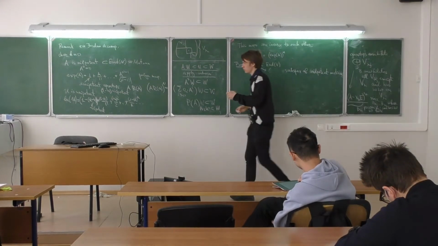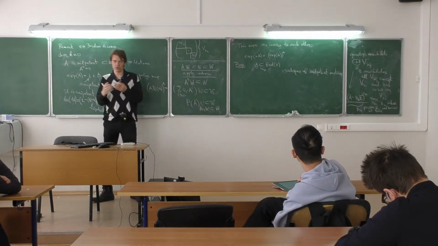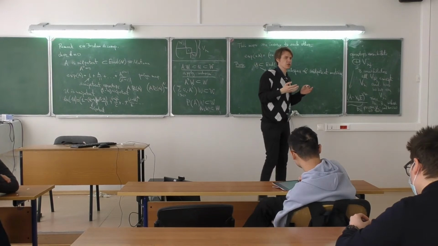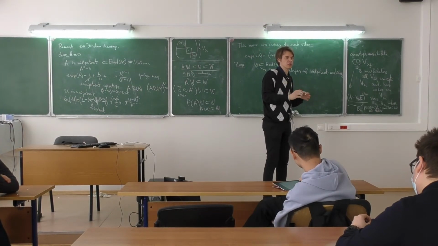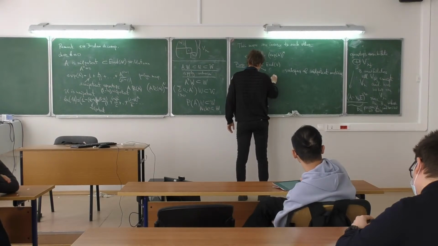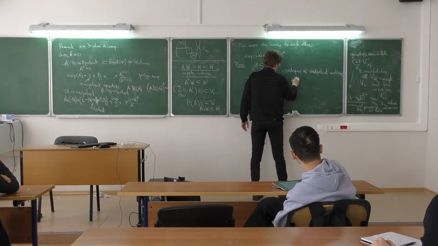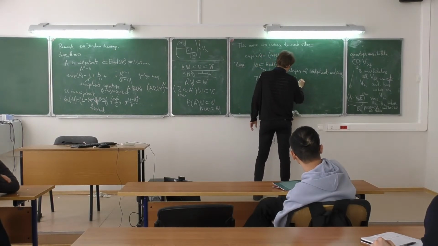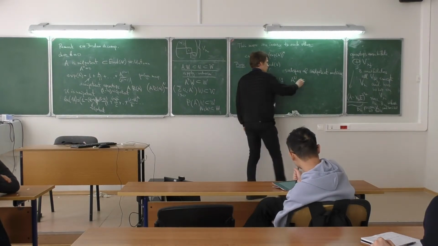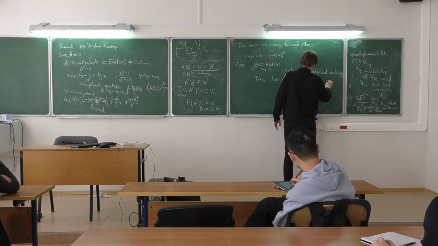Since these matrices act on the same space, you can bound the nilpotence degree. So then for any A inside G, A to the power n is equal to 0. This is by Jordan decomposition.